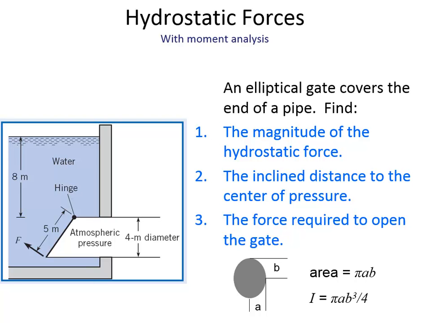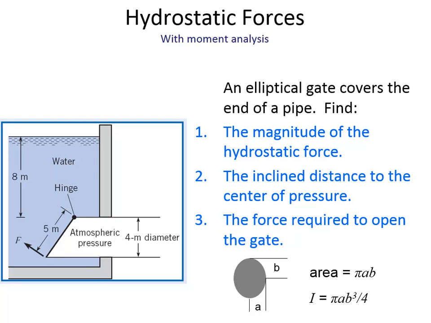The unit weight here is 9810 newtons per meter cubed. And the area of an ellipse is pi AB. Okay, it's pi, and A is 2 meters, and B is 2.5 meters. So the area of the ellipse is 15.708 meters squared.